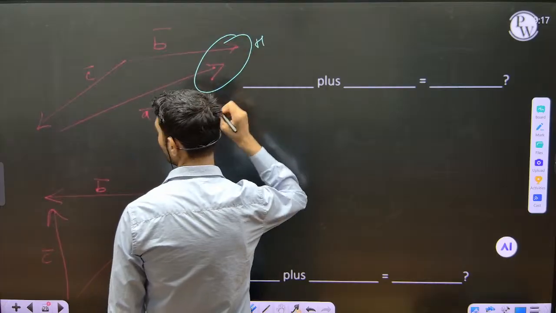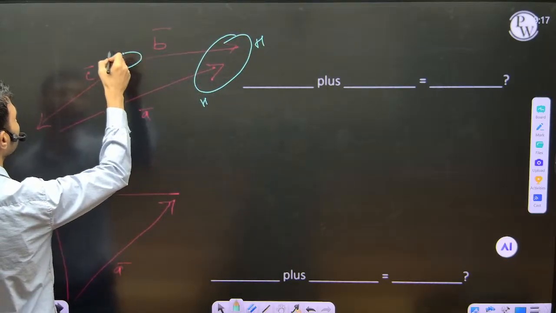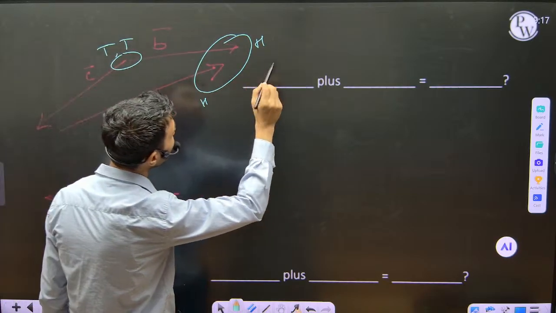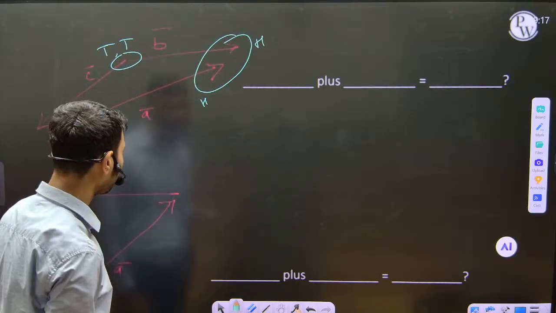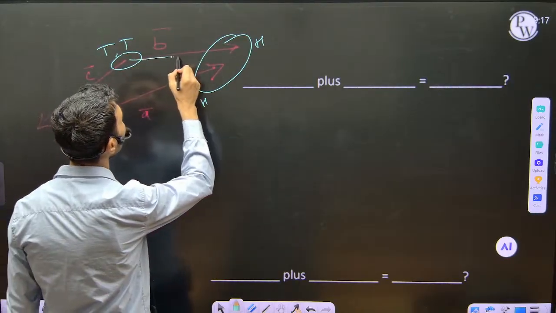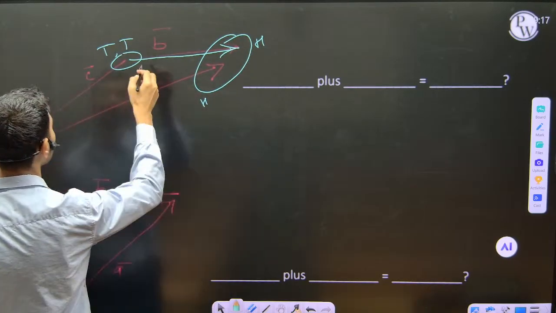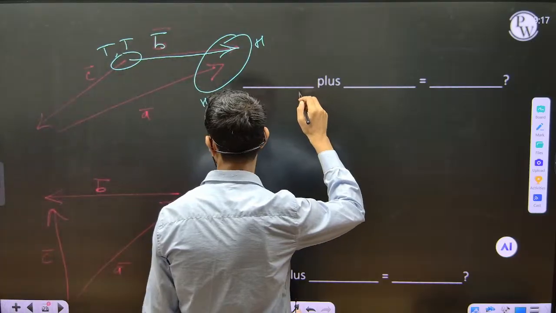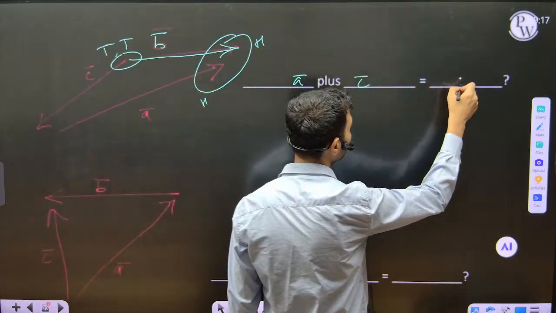Now do we see any tail and tail together? There is tail and tail, right? Tail and tail we have found out, and we found out head and head. And the vector that connects this is the sum vector. And which is that vector? In this case, P vector is the sum vector. So A vector plus C vector is equal to P vector.